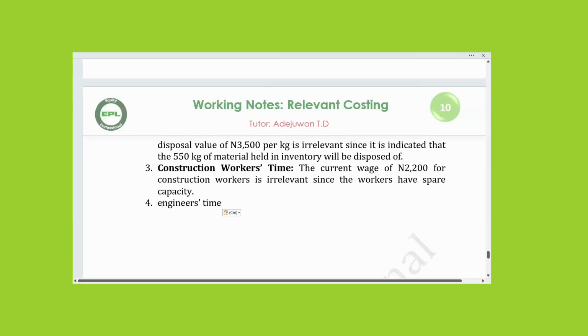Engineer's time. Okay. The salary, let me put it this way.